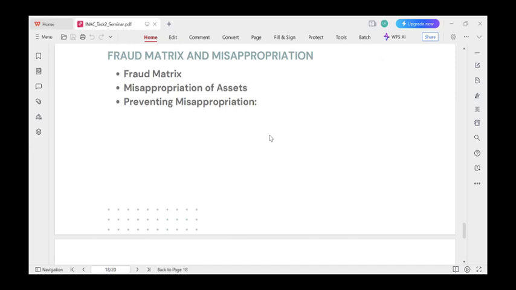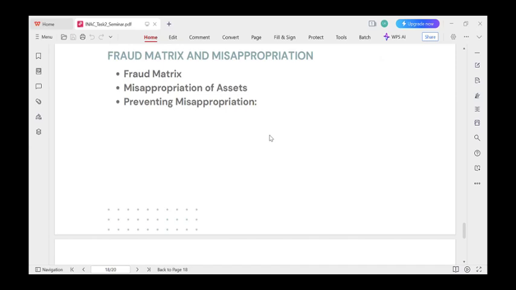Making a fake sale is a potential fraud. Providing an extended credit term can be a fraud, right? So we have identified that issuing an unauthorized discount is a potential fraud.